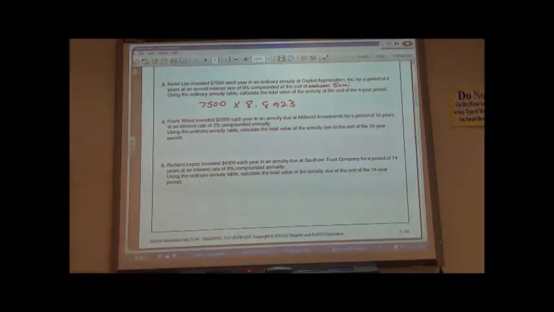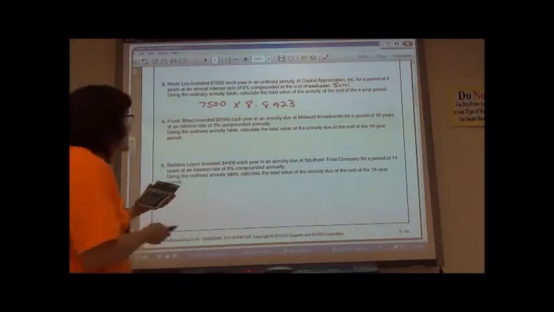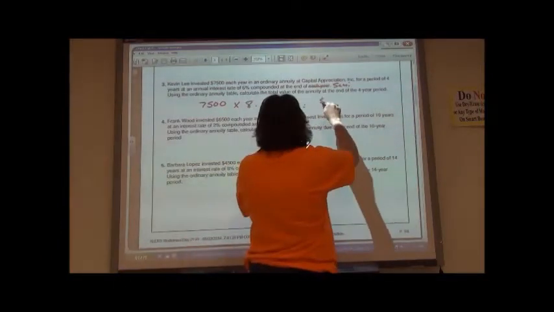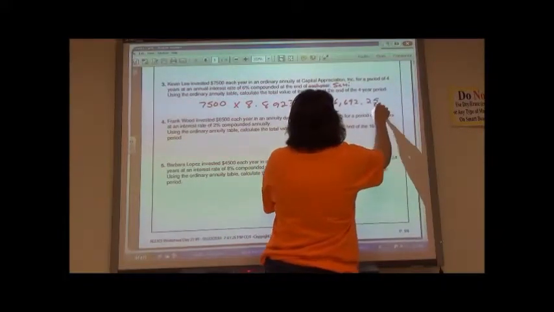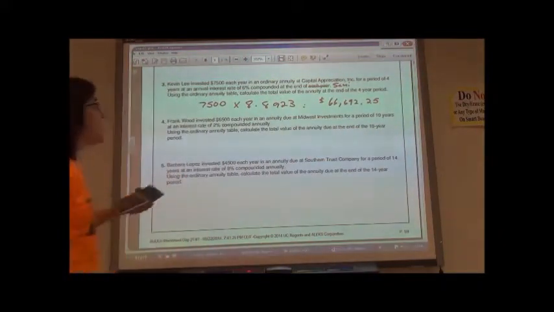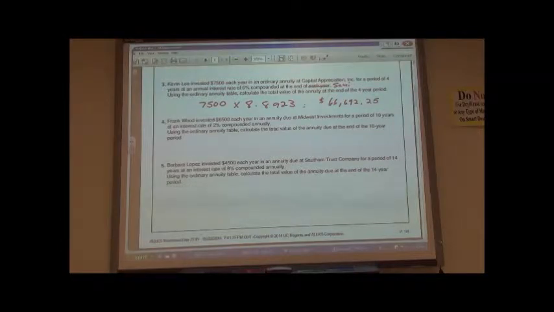And so if I take my calculator, 7,500 times 8.8923 means that I would end up with $66,692.25 by putting it in semi-annually 2 times a year for 4 years.